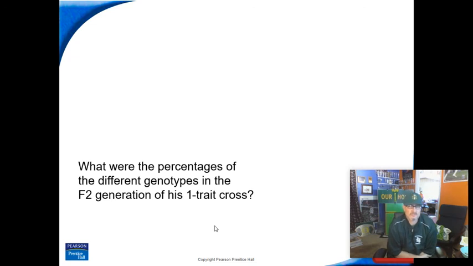What were the percentages of the different genotypes in the F2 generation of his one trait cross? Genotypes. If you can't remember, take a look back at number 23. And of course, I'm asking you for a fraction.